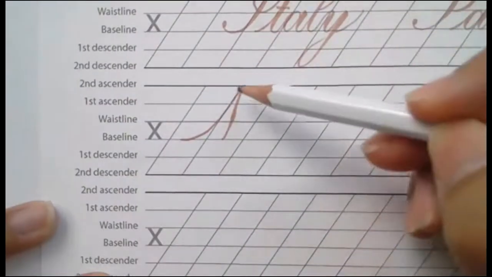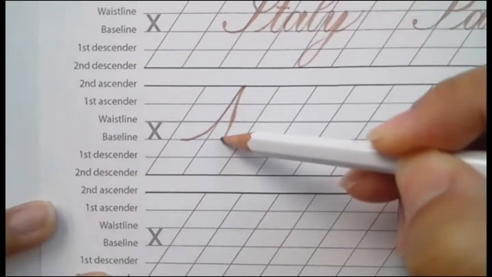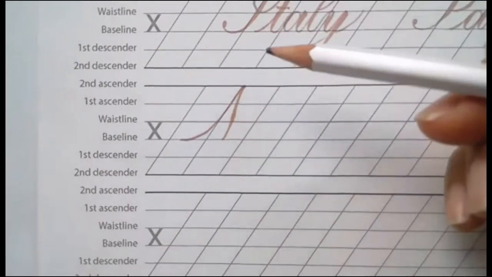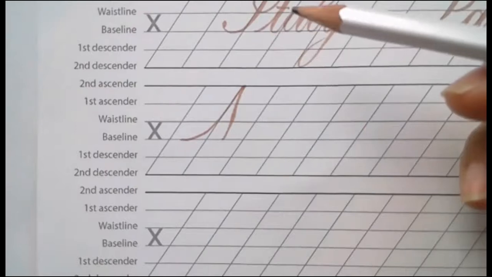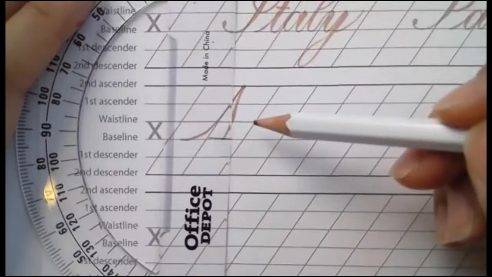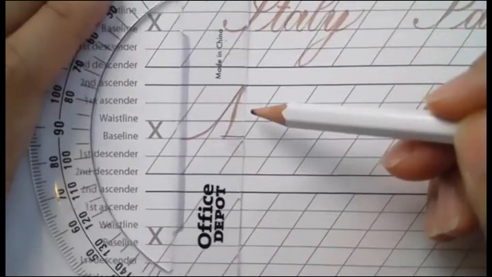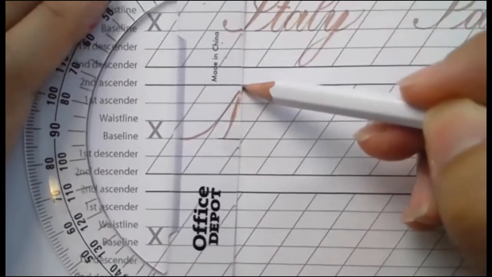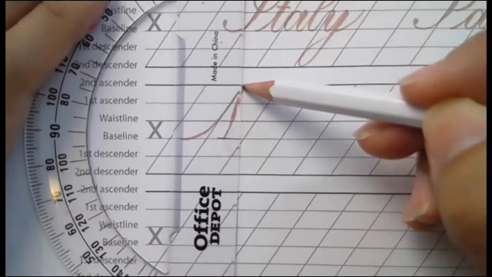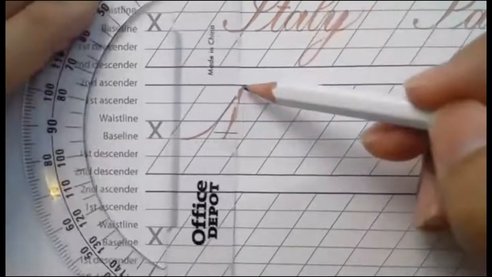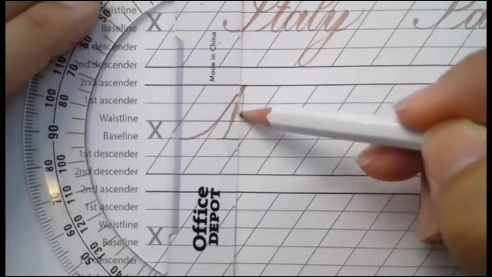So one way to eyeball where to place that exit of that capital stem is to take a ruler. For example, if I have this ruler here and I were to see how it hits my baseline. Now I can't really tell if that's straight.